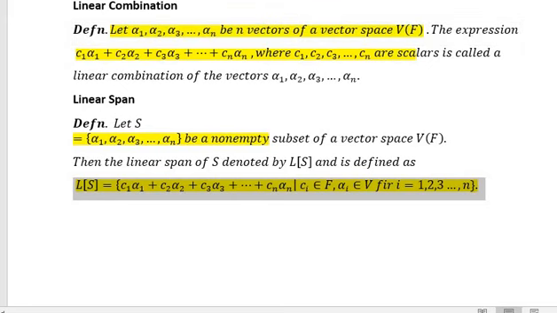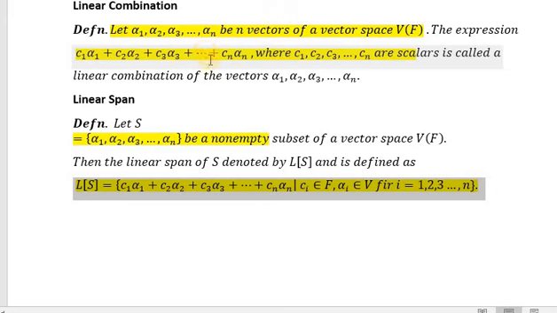So now we have defined linear combination. It is nothing but the vectors alpha 1, alpha 2, alpha 3, so on alpha n of the vector space V over F can be expressed as a combination with the scalars c1, c2, c3, cn as c1 alpha 1 plus c2 alpha 2 plus c3 alpha 3, so on cn alpha n. This is called a linear combination of the vectors alpha 1, alpha 2, alpha 3, so on alpha n.